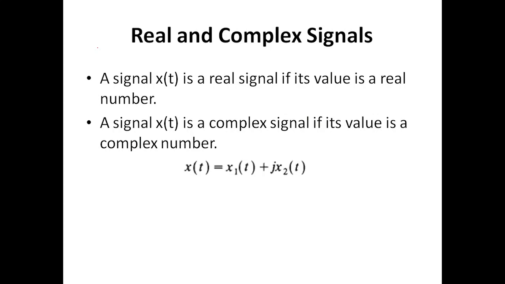Now, real and complex signals. Real signals we always see over time. If you attach any sensor to an analog signal and visualize or collect it, you will get only real values, not complex values.